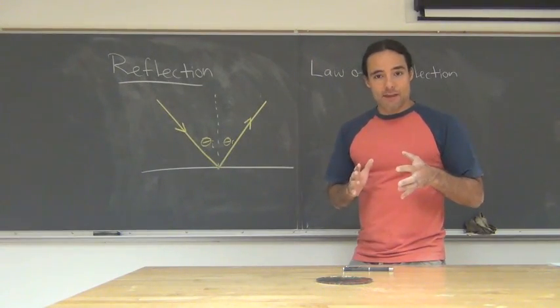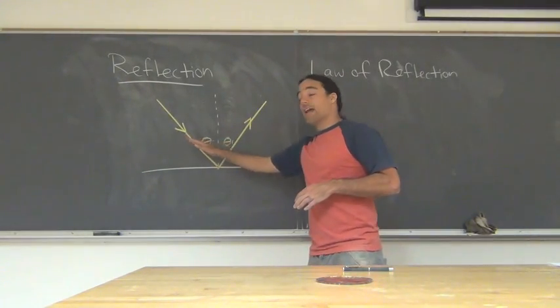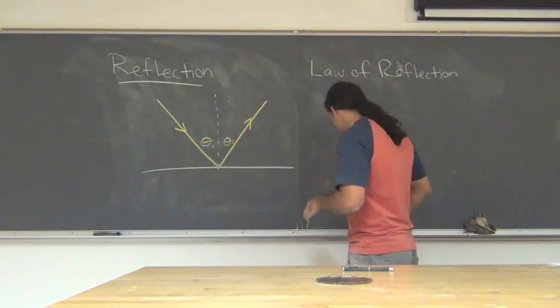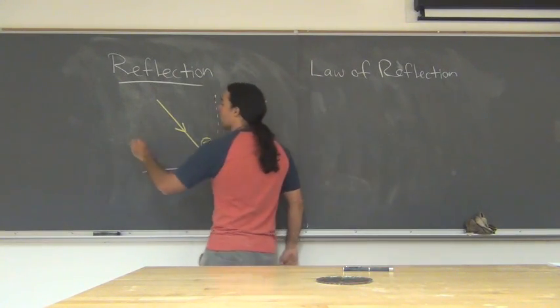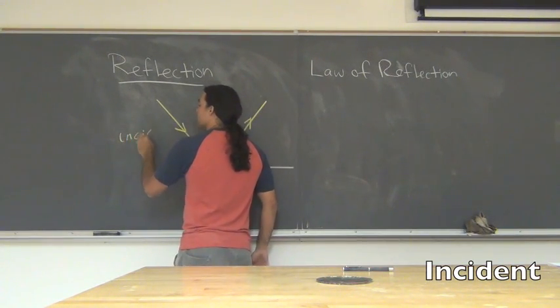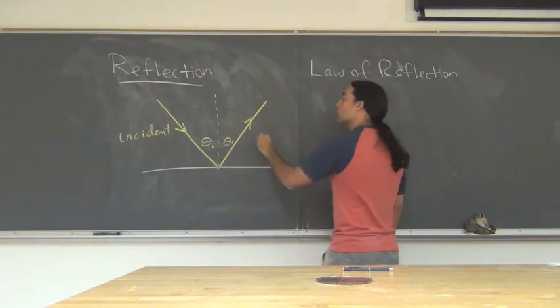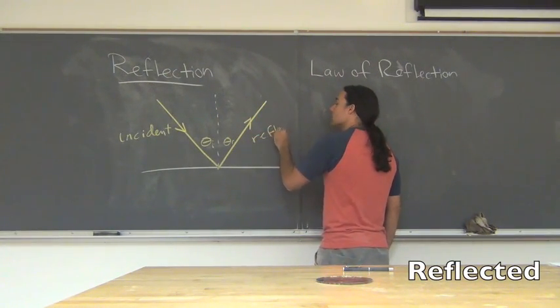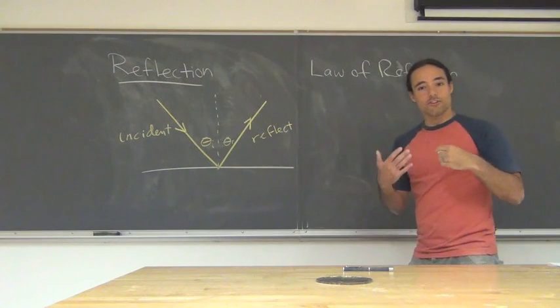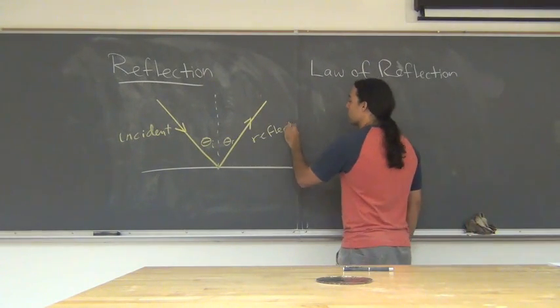Let's see if we can describe that mathematically. I've got a light ray coming in, a light ray coming back out. I will call this the incident light ray because it's incident on the surface. I will call this the reflected light ray because it's the light ray that reflects back.